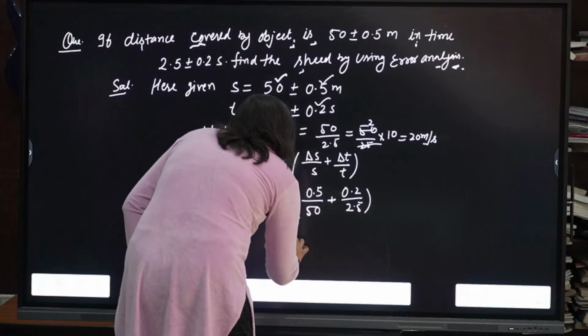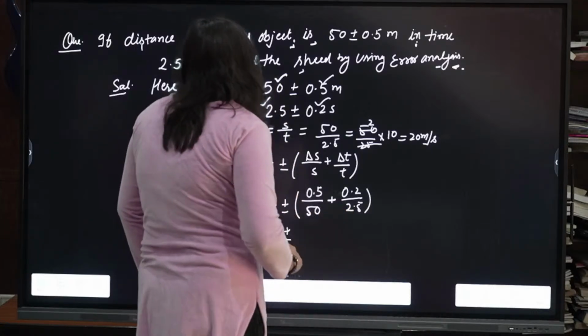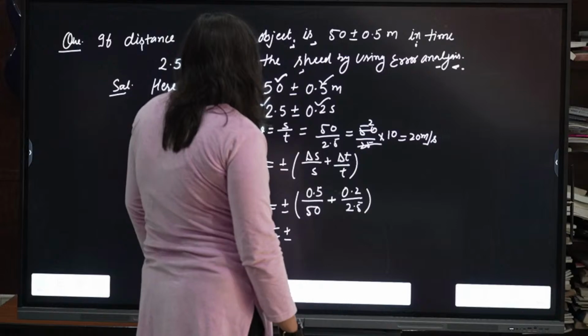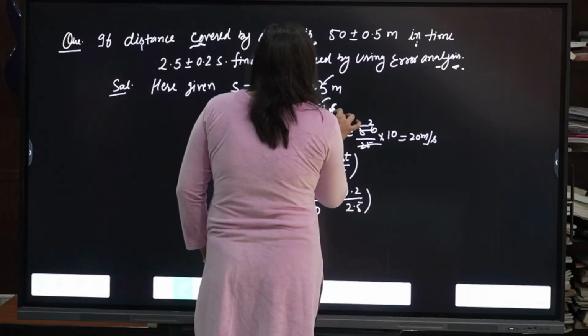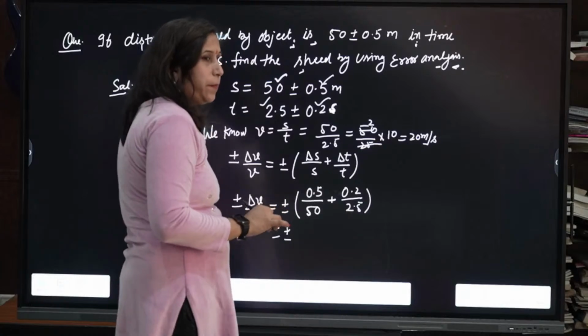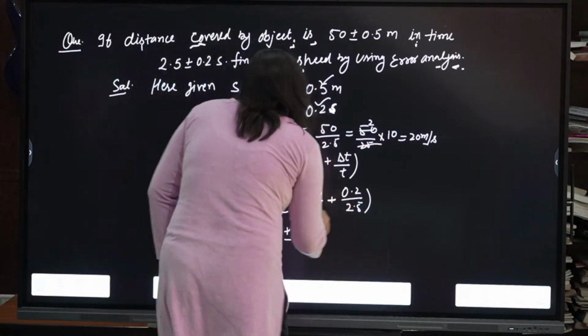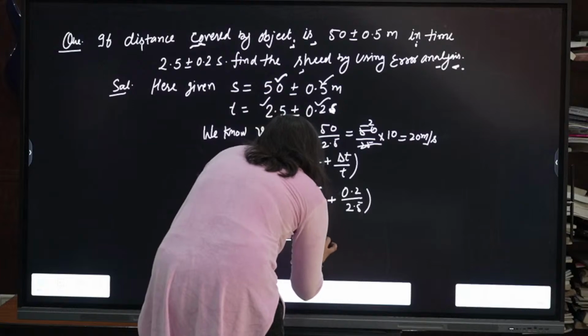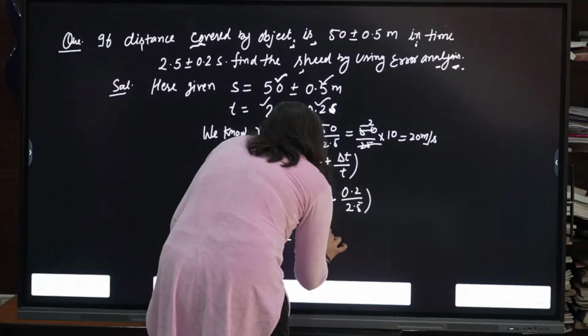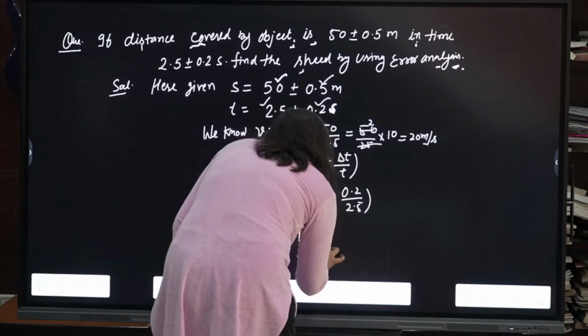Then solve this. 2.5 and 0.2 second. It is the unit, not a 5. Second, S. Okay. Unit of time. Then here 5 by 500. Simply you cut it.